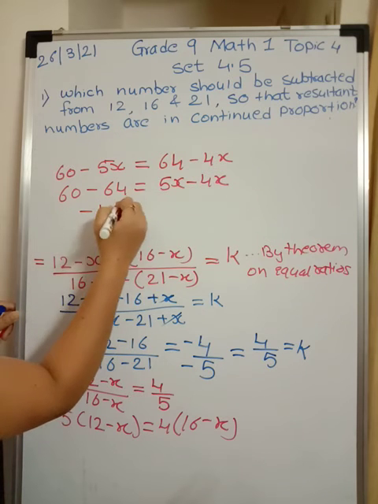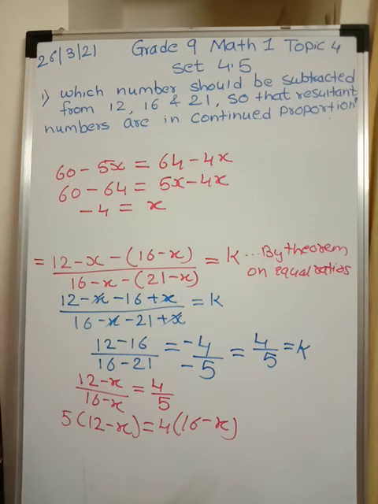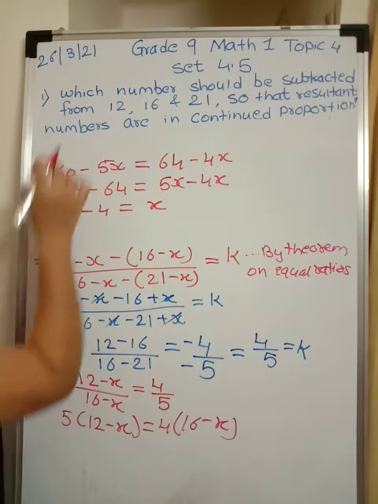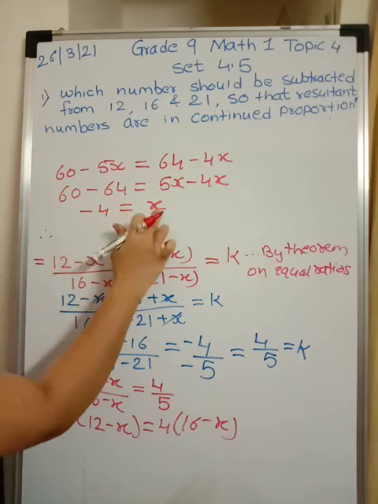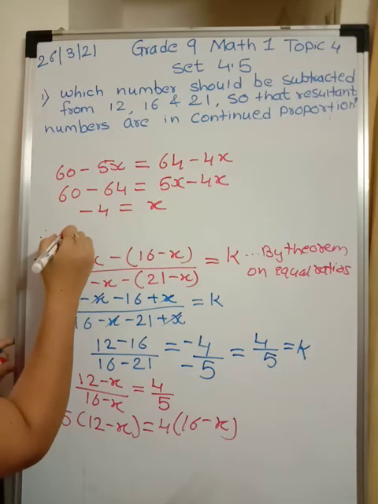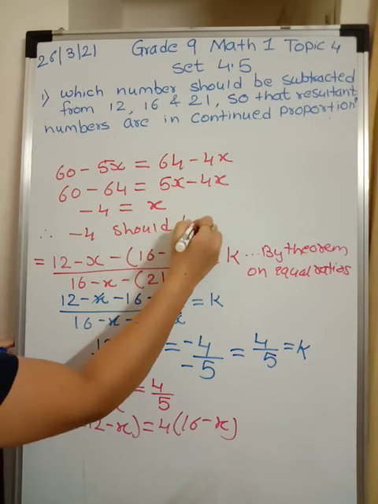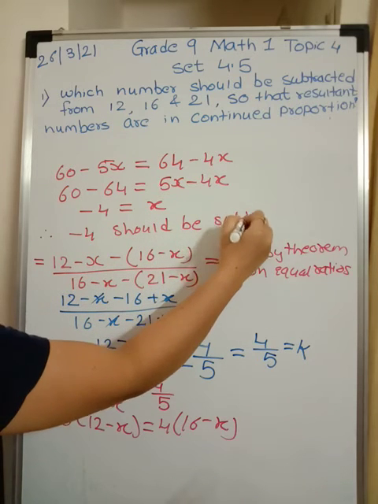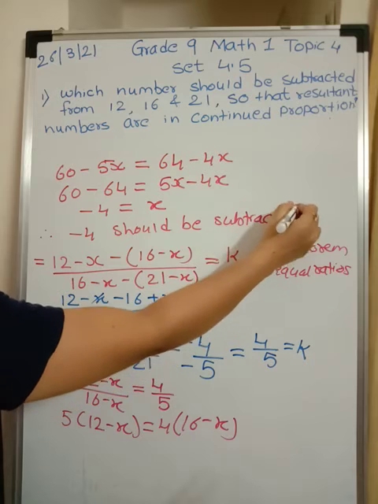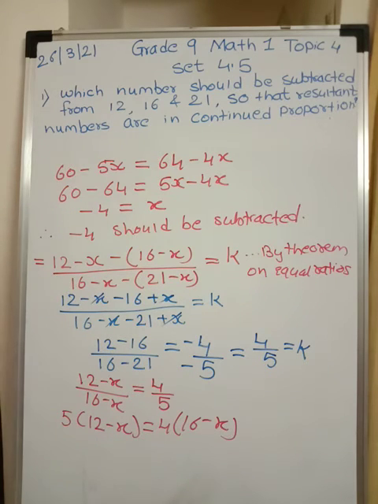So minus 4 would be equal to x. Alright, so minus 4 should be subtracted from each of the given numbers. Which number should be subtracted? x should be subtracted, as we supposed. So minus 4 should be subtracted. I hope it is clear how to do the problem. Alright, let's go for one more problem.